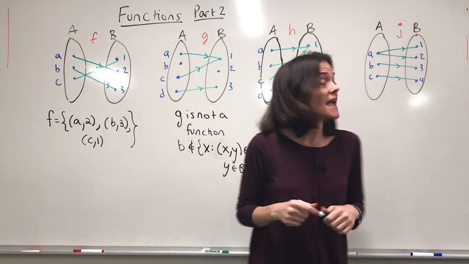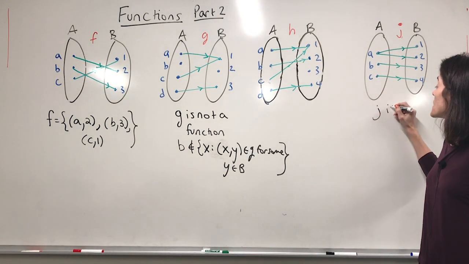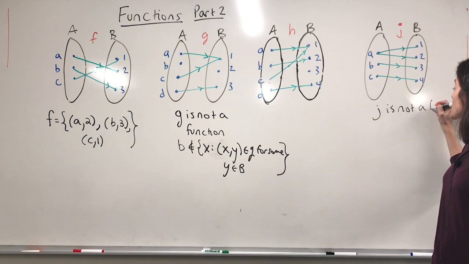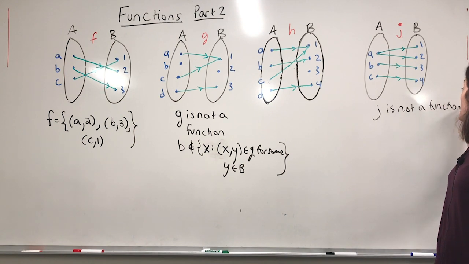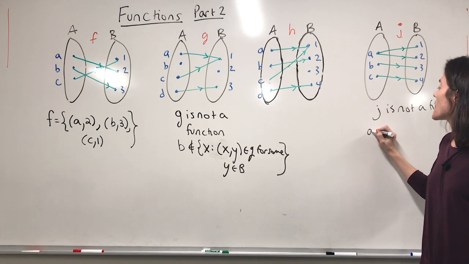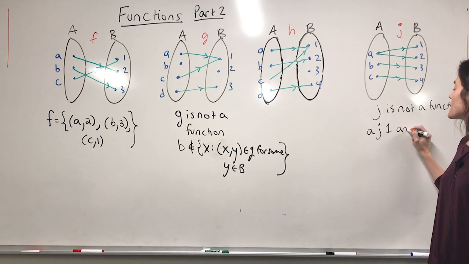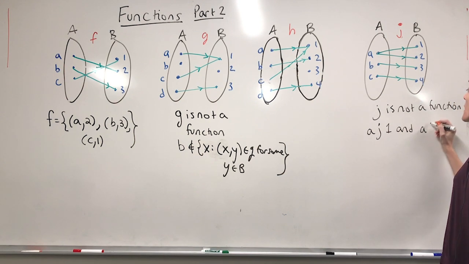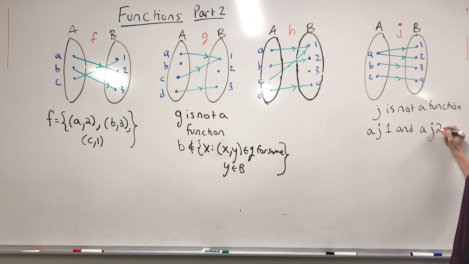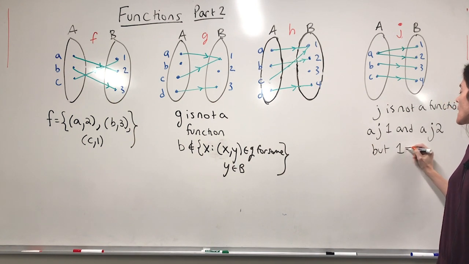J is the other one that is not a function. The reason here is because of the second condition. Here A relates to 1 and A relates to 2, but 1 is not equal to 2.